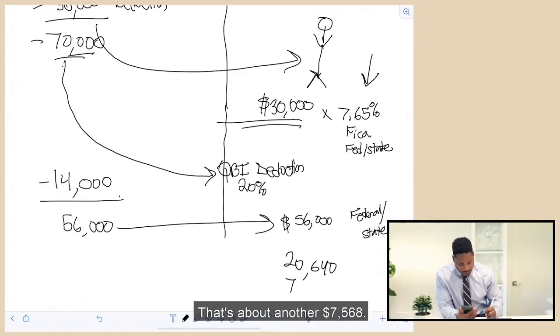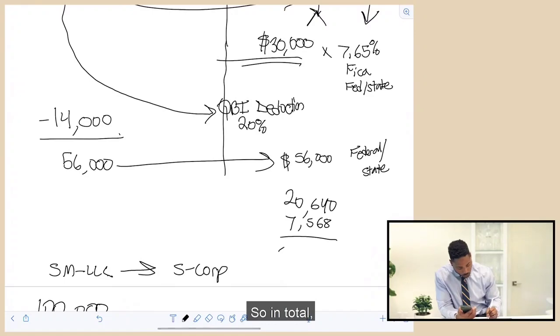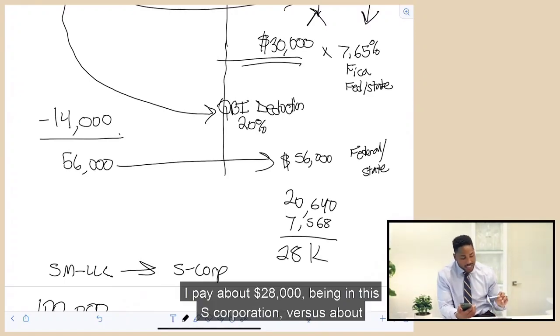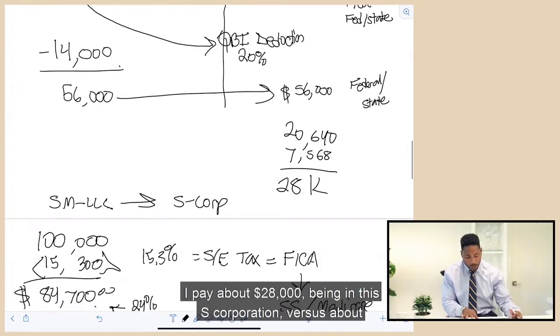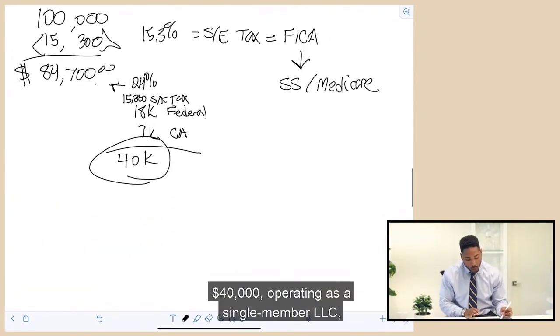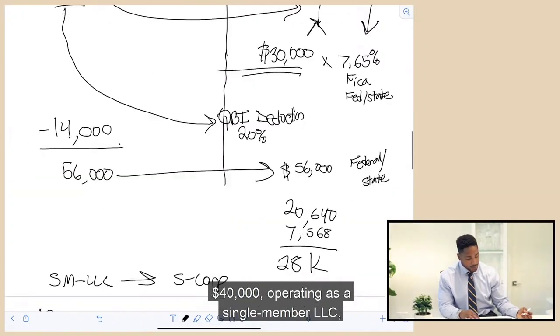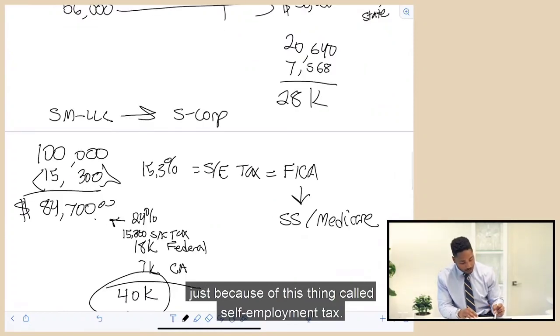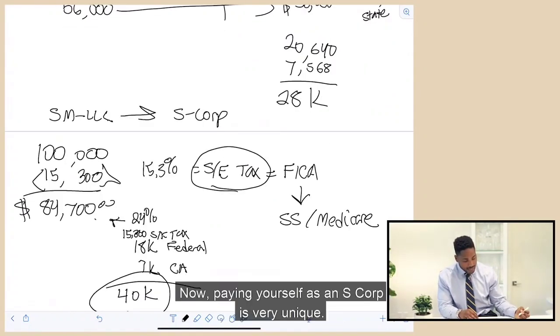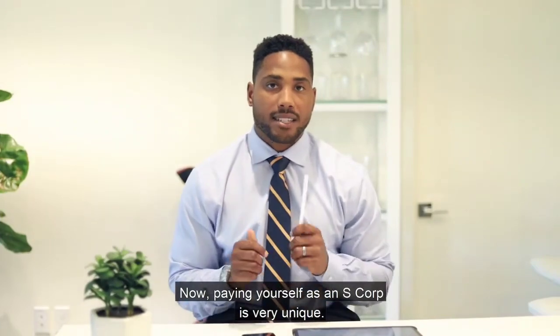That's about another $7,568. So in total, I pay about $28,000 being in this S corporation versus about $40,000 operating as a single member LLC, just because of this thing called self-employment tax.